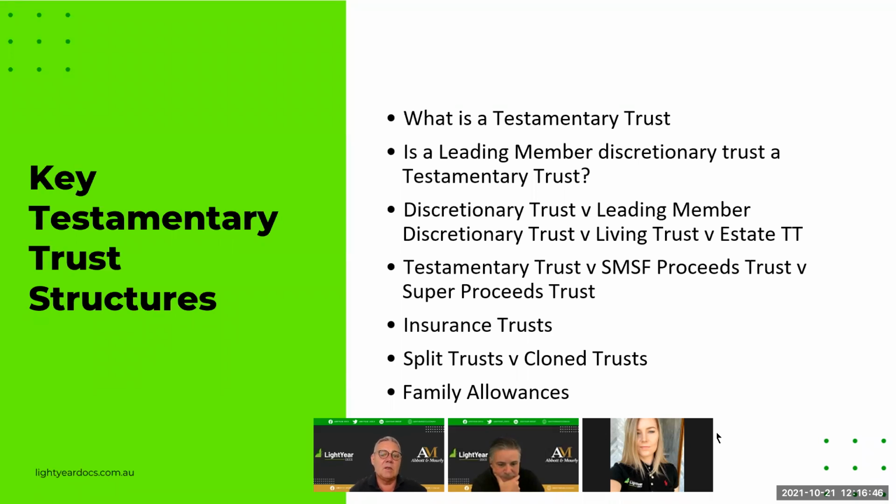So when we're building these trusts, and Tony and I have done quite a few, we end up making them leading member discretionary trusts, because a testamentary trust simply has a set of terms and conditions as to the disposition of income, capital, etc. So in that one, we can put terms and conditions in there.